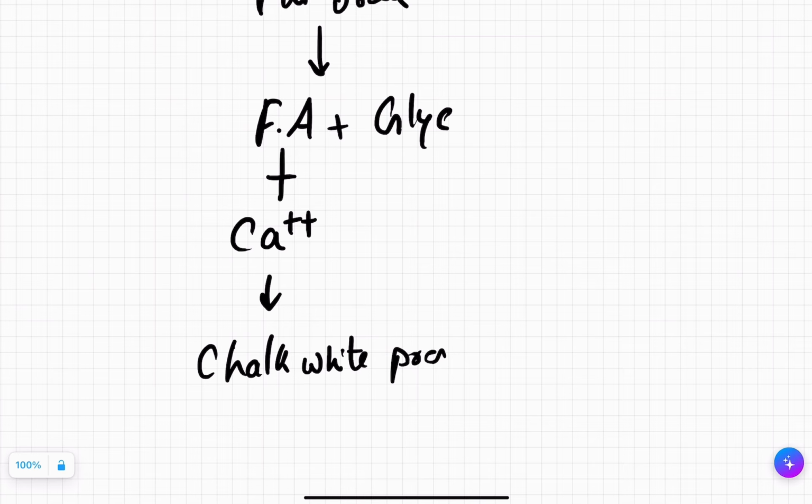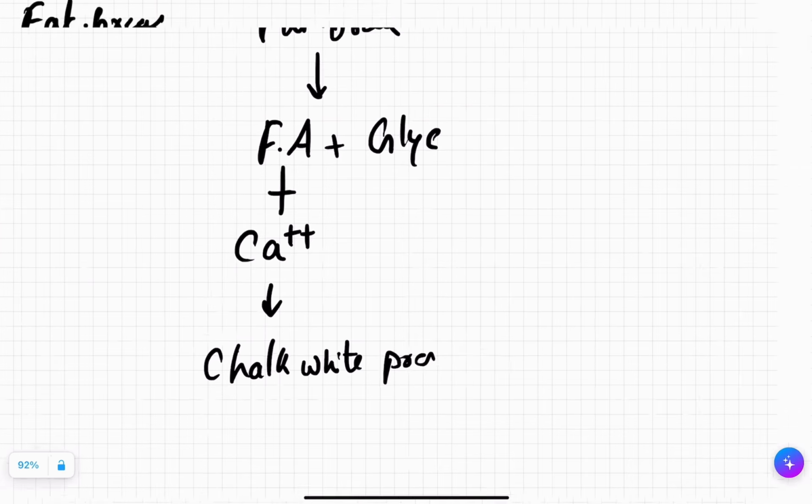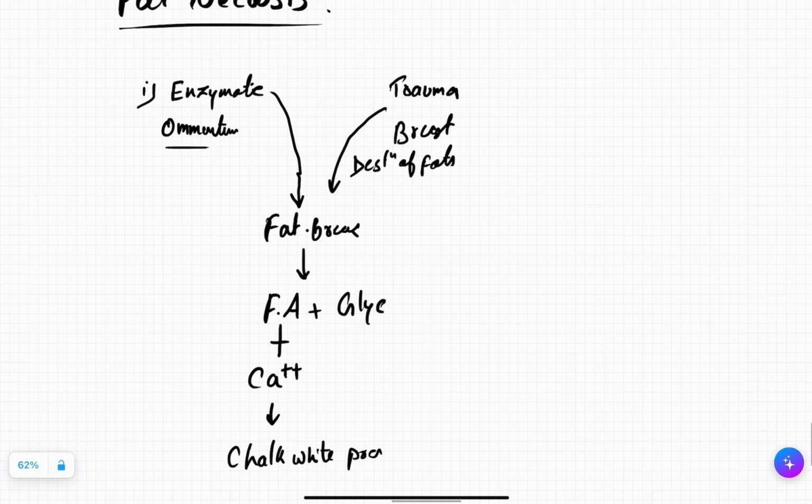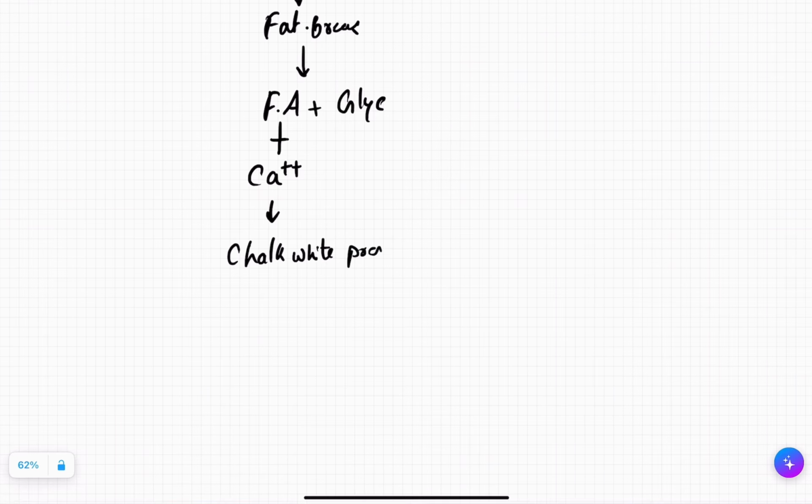And a lot of the time this is known as saponification. So in fat necrosis, trauma or the enzymatic etiology caused the breakdown of the fat associated with the calcium. It underwent saponification, and as a result, it produced what? Chalky white precipitate.